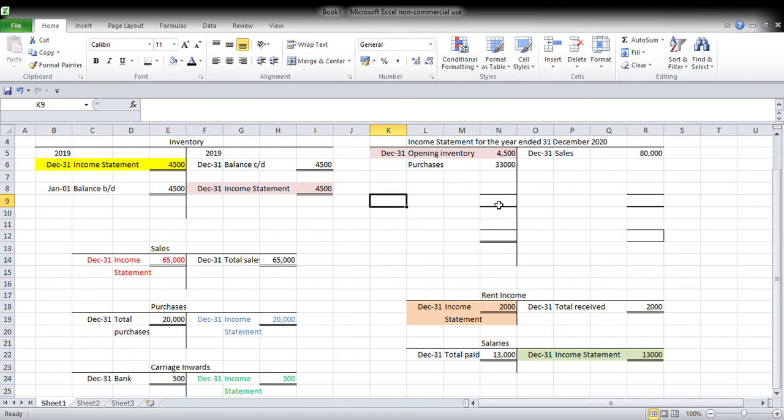Now we find out what the closing inventory is. Again, the company will do a stock take, and if they find based on the stock take they have a closing inventory of 1,002, they would do a fresh double entry to record the closing inventory. To record it, they will debit the inventory account and credit the income statement account.